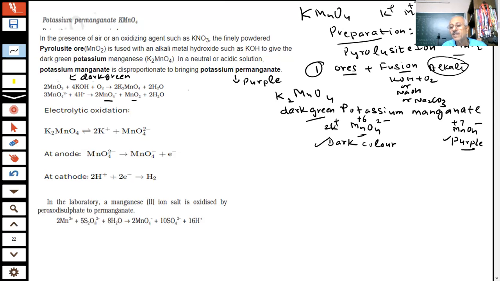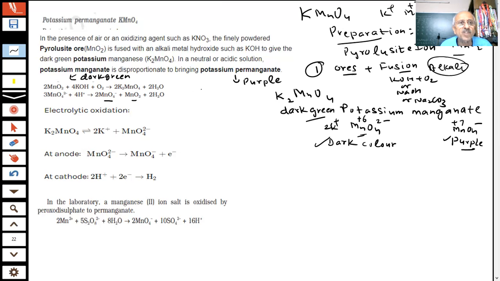Write the equations. So we should be able to know what reaction they are talking about. Such questions were given in the paper, and in competitions also they have asked. These two compounds, K2MnO4 and KMnO4, are extremely important for the paper.